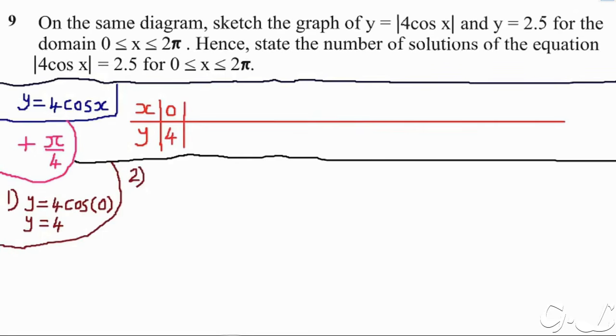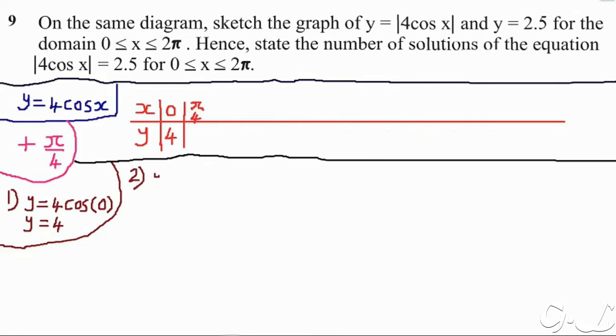Since we said that we shall be adding pi over 4, 0 plus pi over 4 is equal to pi over 4. That pi over 4 is 45 degrees.